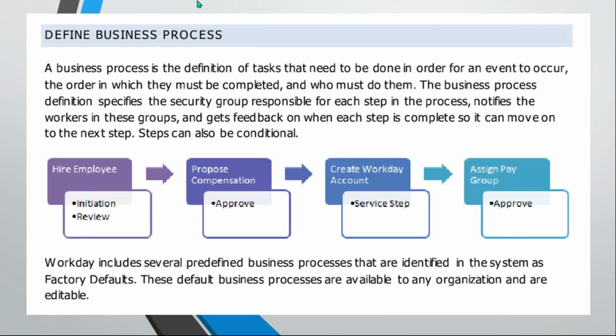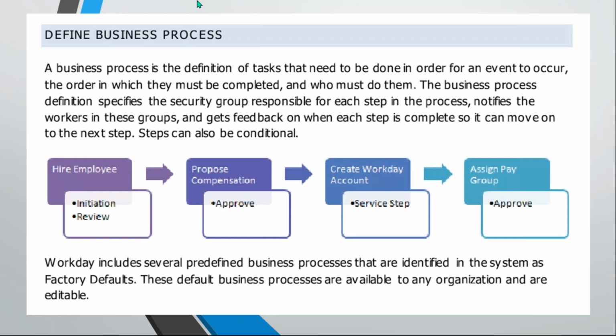So in a business process, it goes from one step to the HR partner or maybe to finance. These are the steps where we configure who needs to receive which step. These are some of the areas that we can configure in Workday using business process configurations.